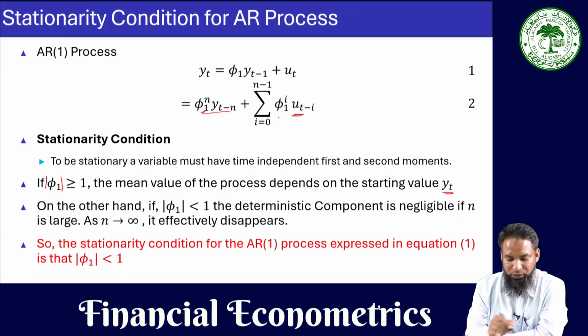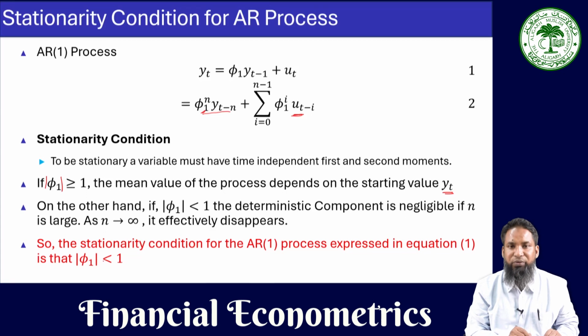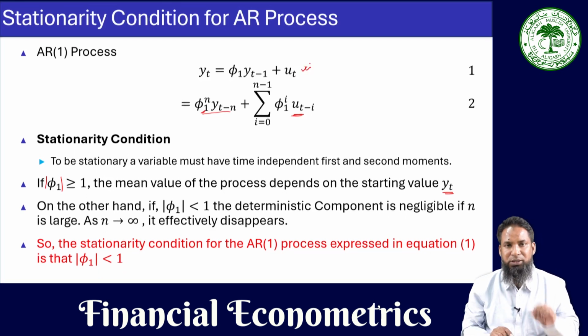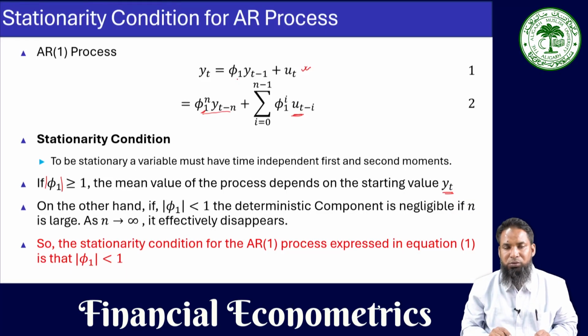So the series becomes stationary when the absolute value of phi 1 is less than 1. So for the AR1 process, the stationarity condition is that the coefficient phi 1 in absolute value should be less than 1.